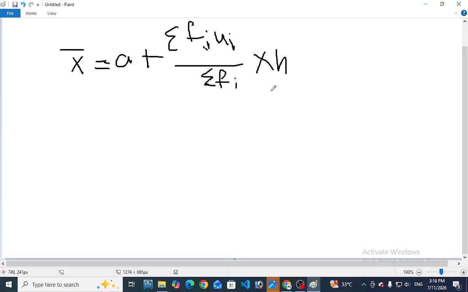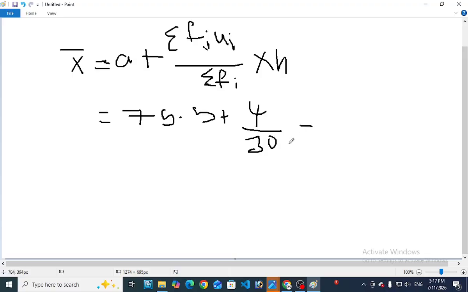This is the formula for step deviation. We got the values. The assumed mean value we observed as 75.5, plus sigma fi ui we got as 4, and the sum of the frequencies, from the question given, we have found to be 30. Then the height of the class we have found as 3.